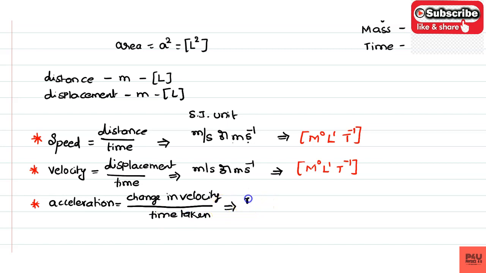So the unit is meter per second square. Now let us write the dimensional formula. Mass is raised to the power 0 because there is no term like kg or gram here, length is raised to the power 1 and time is raised to the power minus 2. The only difference between this one and the previous one is that here you get the power minus 1, and here we get the power minus 2. Next.